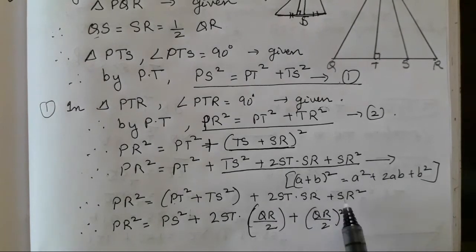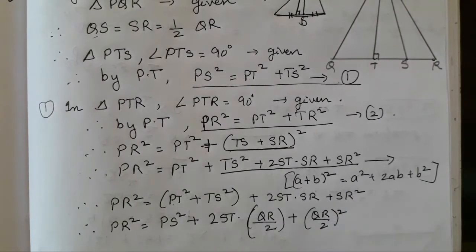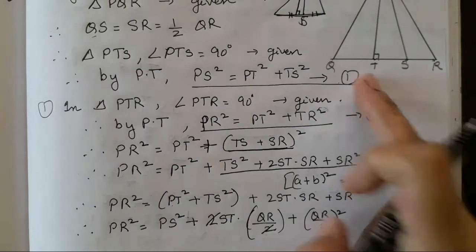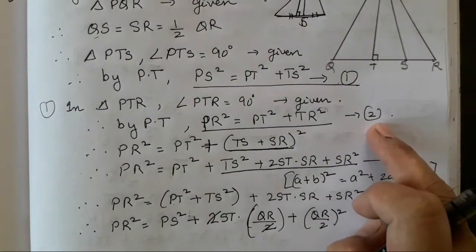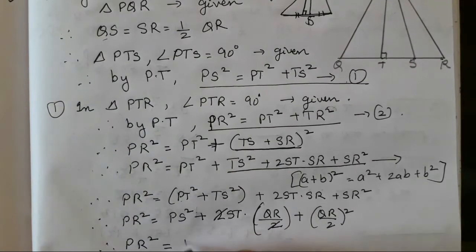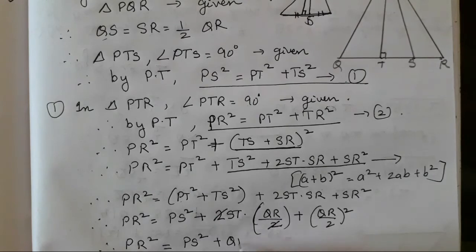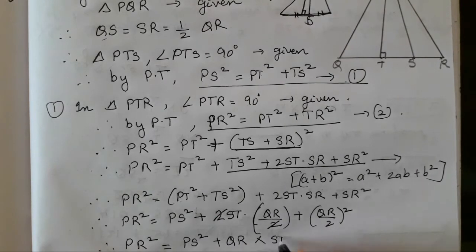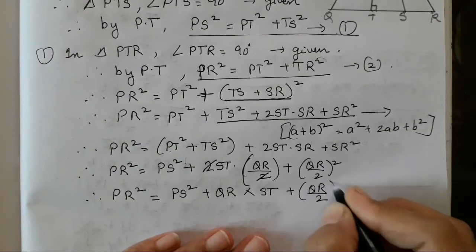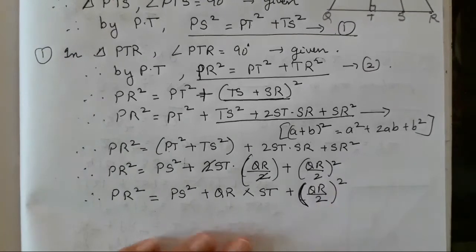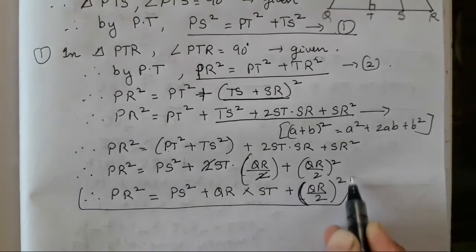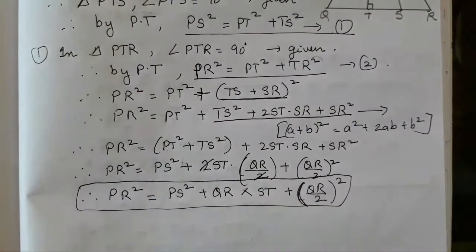Instead of SR, we have taken QR upon 2. So this 2 and this 2 get reduced. From the first and second, you all have to take this into consideration. So from this, whatever is left, that is going to be your first proof: PR square = PS square + QR(ST + QR upon 2) whole square. Got it? So this was your first proof that you have to prove. Just a change of places you all have to do.